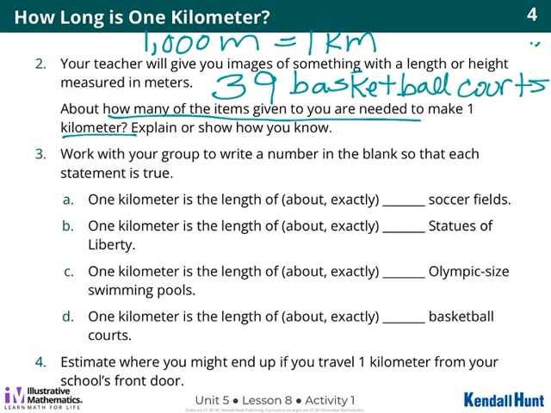So what Brayden did is he looked at 28 meters and said that's close to 25. I thought 30 when I did it, but he thought of it a different way. We know 25 times 4 is 100.